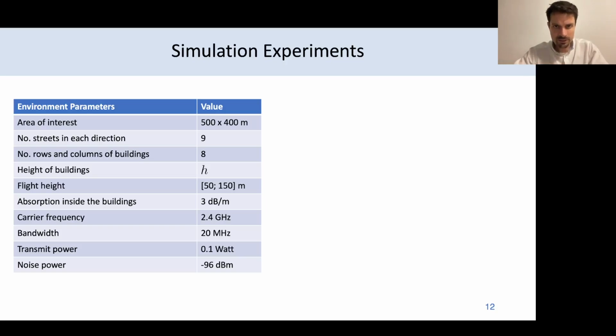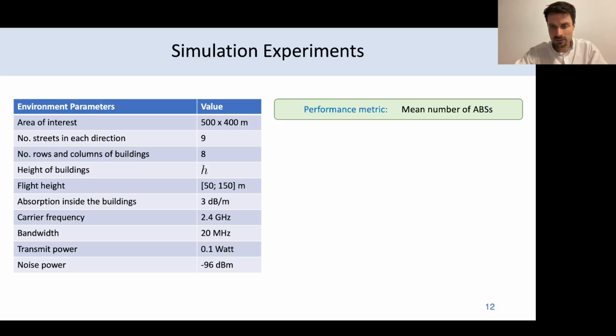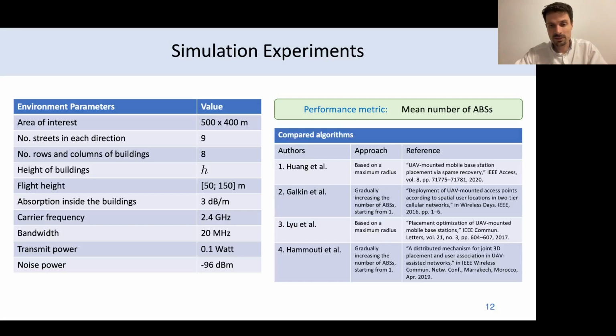So some simulation experiments. These are in an urban environment, and we will be comparing the mean number of ABSs, right? Of course, we want this number to be as small as possible, as in our problem formulation, and we'll be comparing with 4 algorithms in the literature.